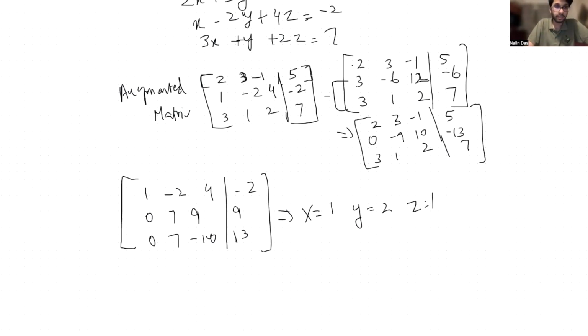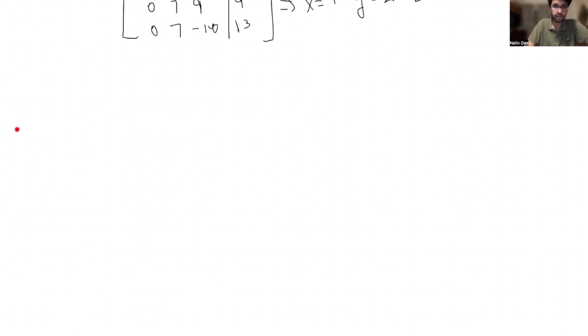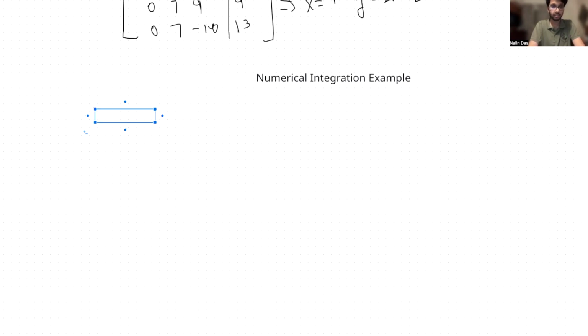Next, we have the numerical integration example. So here we first have the trapezoidal rule. The trapezoidal rule is something like this.